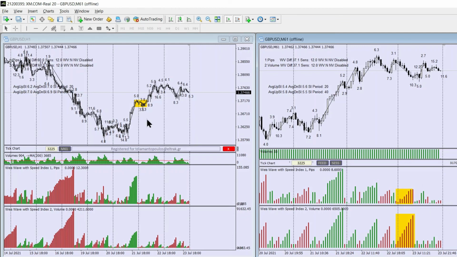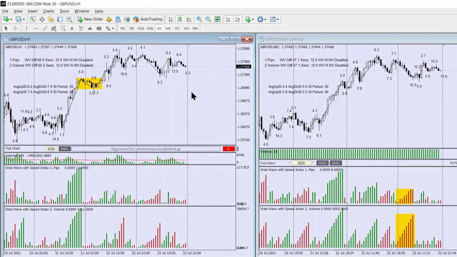Then let's look at the same thing here. It's not so visible on the time frame chart. It's more visible on the tick chart. Also the SIs: the SI in this case is 8.3 and in this case it's 10.3. This is also a big difference.